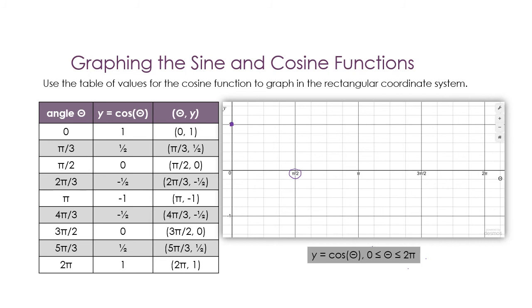So we've got pi over 3, 1/2. And then at pi over 2, I'm at 0. And then at pi, I'm at negative 1. 3 pi over 2, I'm at 0 again. And then at 2 pi, I'm at 1.